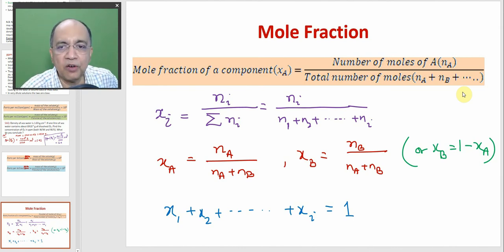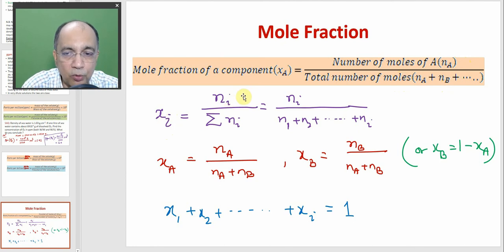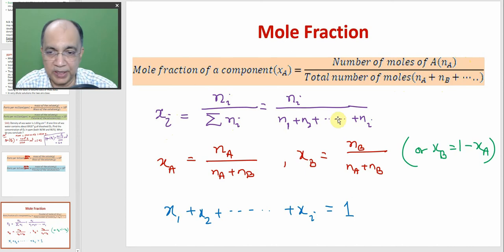Mole fraction of a particular component A, for example, XA, is equal to the number of moles of that component, Na, divided by the total number of moles of all the components, Na plus Nb plus Nc. Or in a mathematical way, the mole fraction of ith component is the number of moles of the ith component by sigma Ni, or the sum of the individual moles of all the components, right?